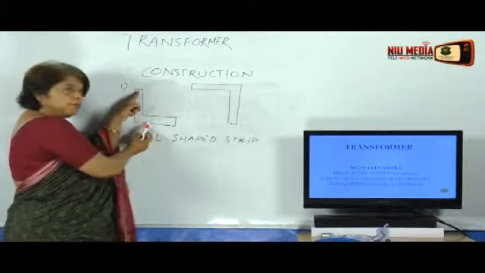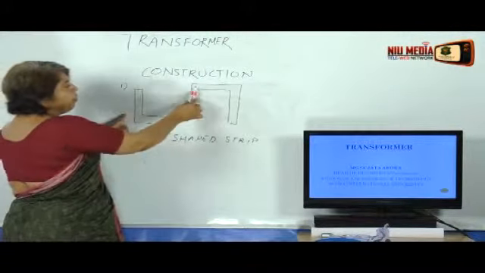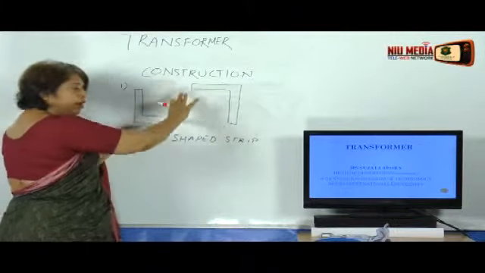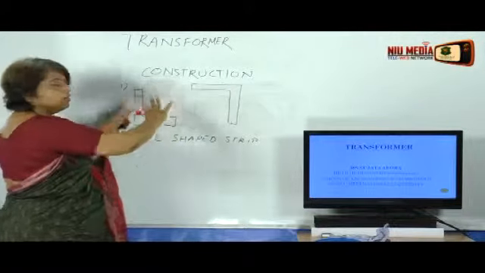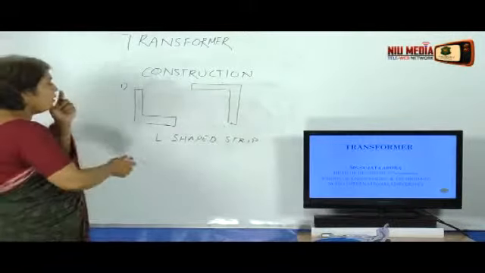This is one L-shaped strip, this is the second strip. Both are joined in a position so that they form a rectangular shape.